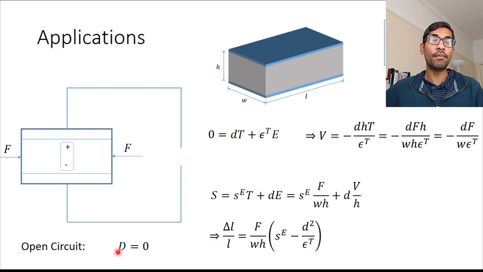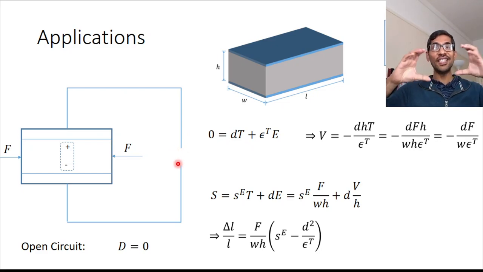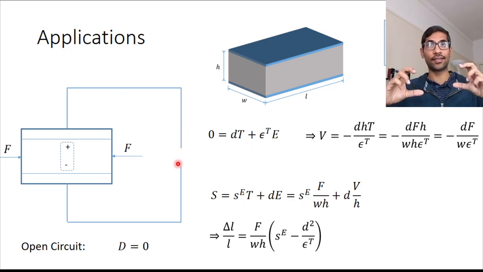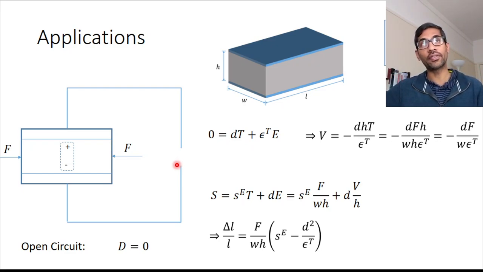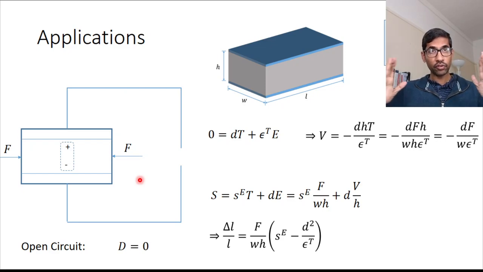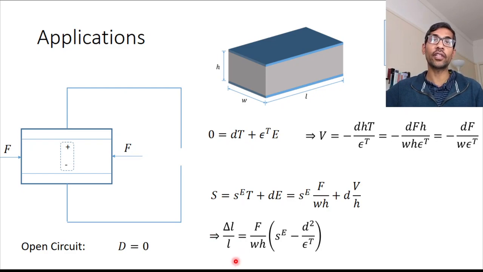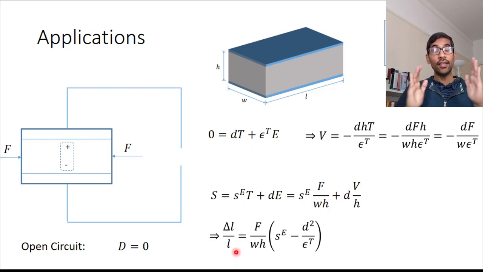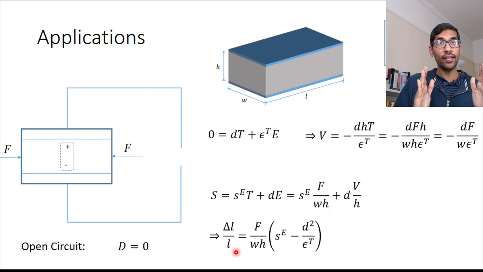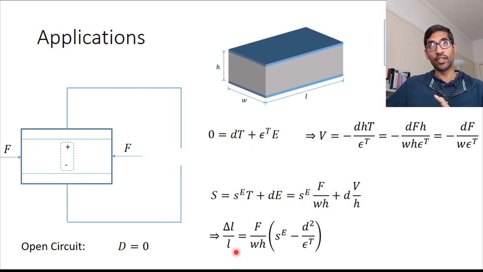Okay, let's move on and look at one more application. Let's say we make sure that D equal to 0. That is, the displacement current here is equal to 0. How do we ensure that? We just open circuit our circuit. So we just leave the crystal as it is. Okay? So what happens then? If we leave that, as you apply force on a particular crystal, what you would find is you will get a strain on the crystal, but the strain is not the same strain as you would get in a normal solid material, right?